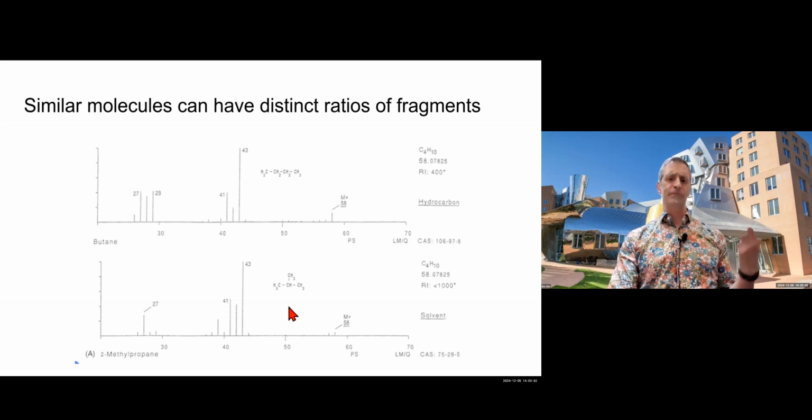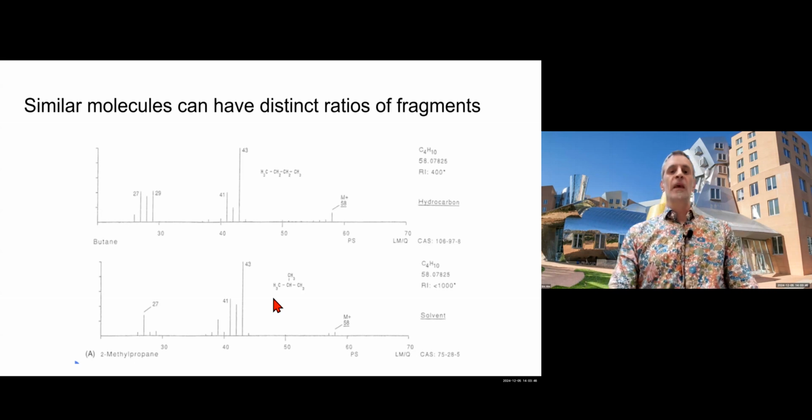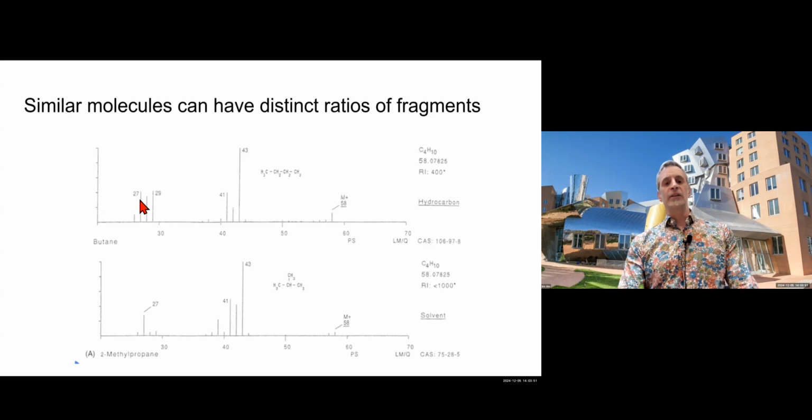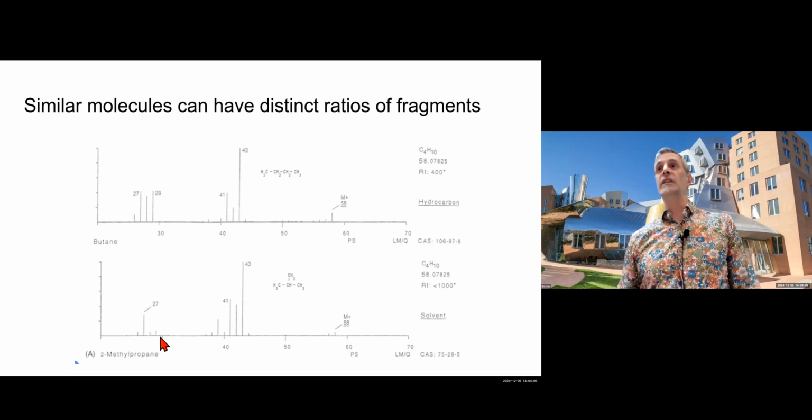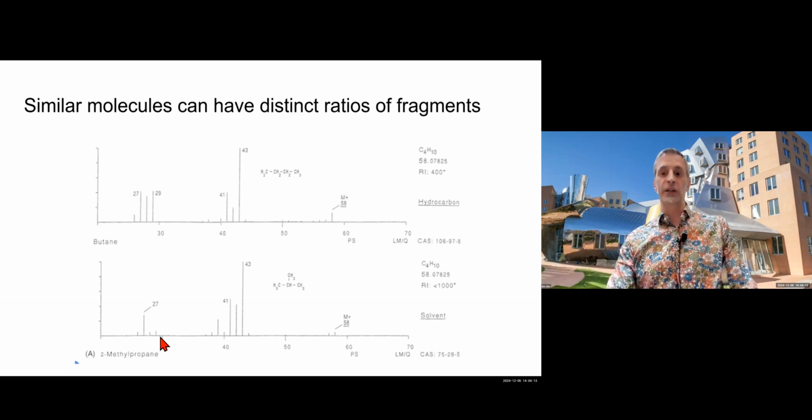So in 2-methylpropane, more of that molecule is being fragmented. Then we can look at the ion at mass 27 versus the ion at mass 29: for butane they're about equal, but for 2-methylpropane, one is significantly higher than the other. So we can look at just those small variations in these fragmentation patterns to distinguish molecules that are actually quite similar.